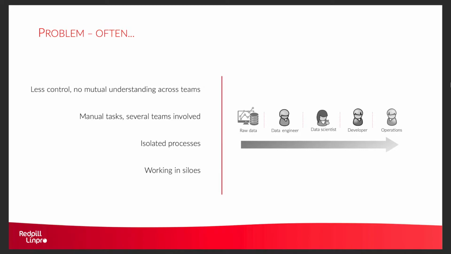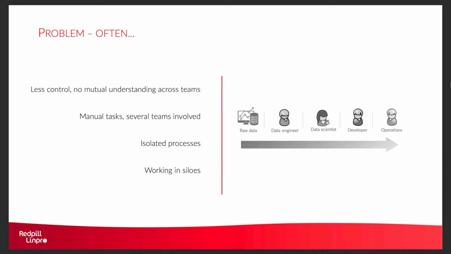You also have a developer that has made an application which is supposed to query the model, for example. And you also have operations, which is supposed to get everything working together in production. And since statistical code is not the normal software code, the mutual understanding across these teams is usually a little difficult.